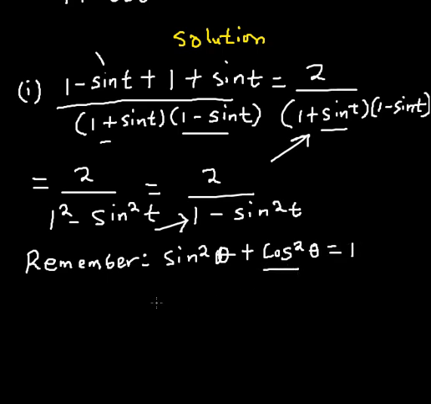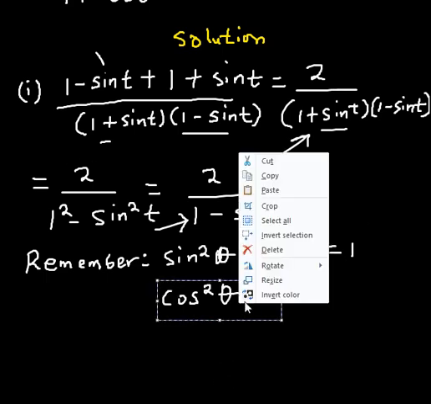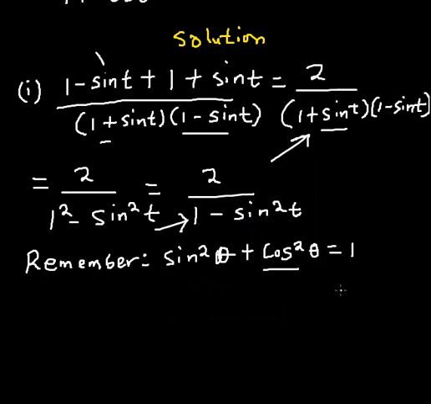So if I want to make sine square theta the subject, sine square theta is going to be equal to 1 minus cos square theta.